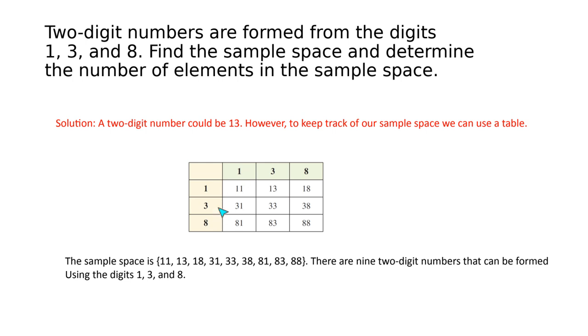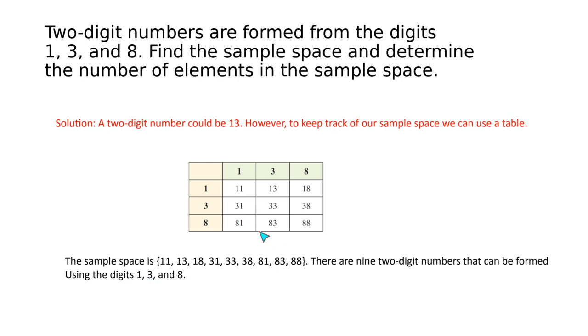We can have a 3, 1, a 3, 3, or a 3, 8, 8, 1, 8, 3, or 8, 8. So the sample space is going to be 11, 13, 18, 31, 33, 38, 81, 83, and 88. So there's 9 2-digit numbers that can be formed using these digits 1, 3, and 8.